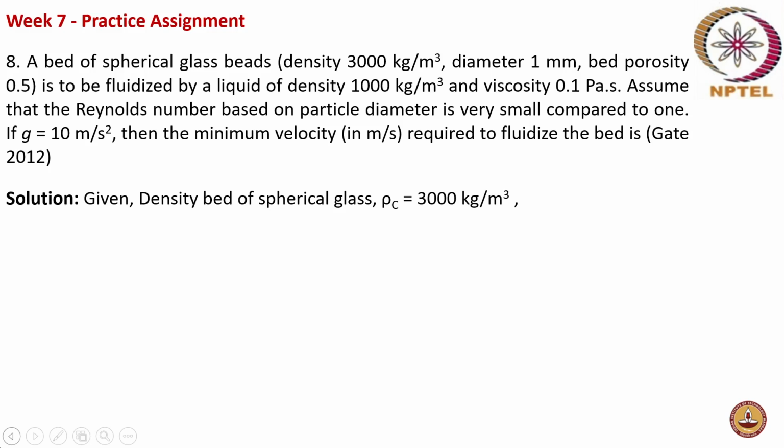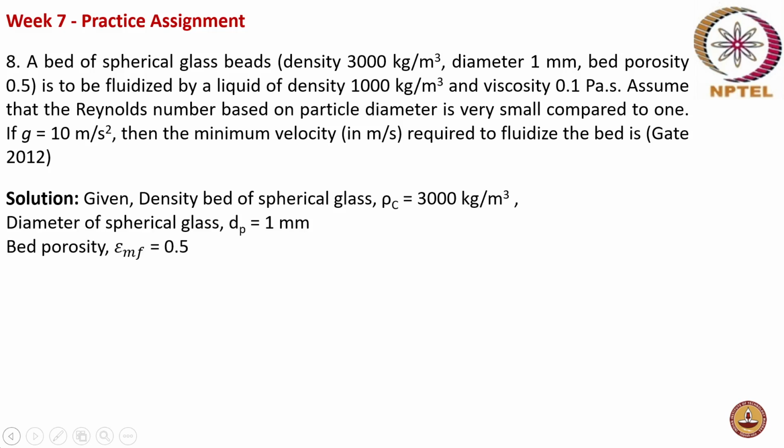So the density of the spherical glass beads is 3000 kilogram per meter cube. And then the diameter of the spherical glass bead dp is equal to 1 millimeter, which is nothing but 1 into 10 power minus 3 meters. And then bed porosity epsilon MF is equal to 0.5.